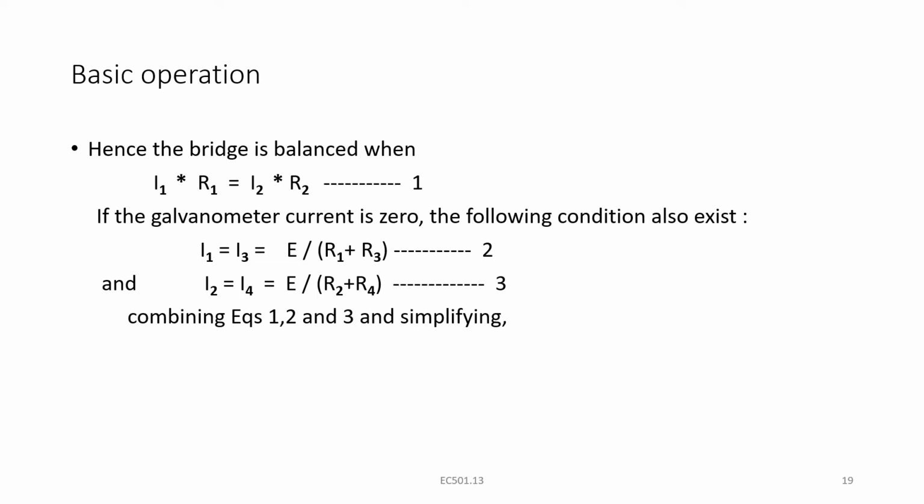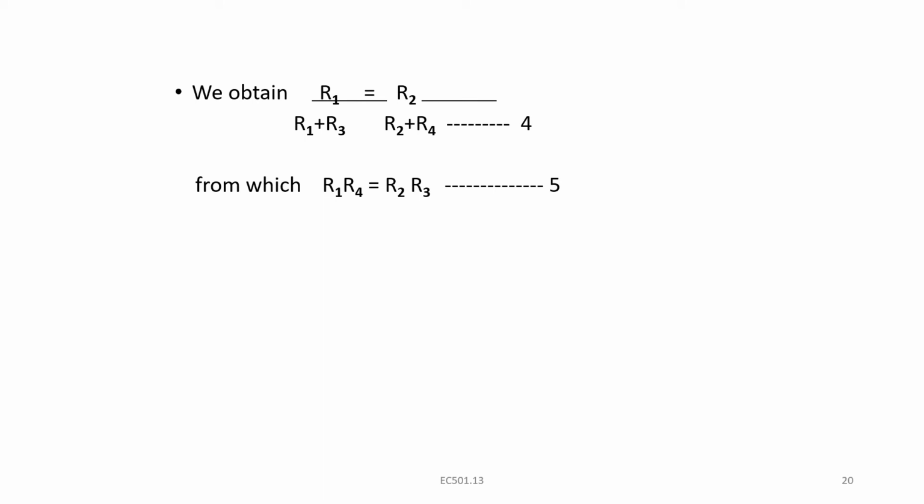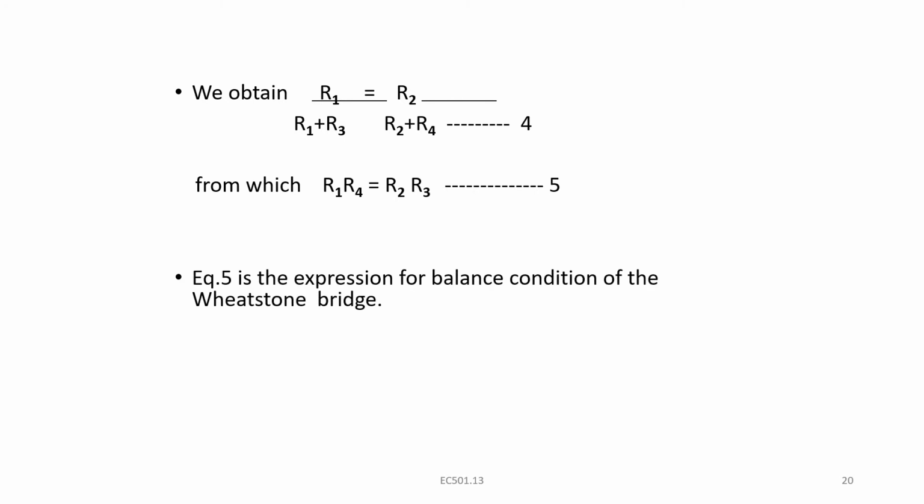Combining all these three equations and simplifying, we obtain R1 by R1 plus R3 equal to R2 by R2 plus R4, from which we can say that R1 R4 equals R2 R3. This is the bridge balance condition of the Wheatstone bridge.